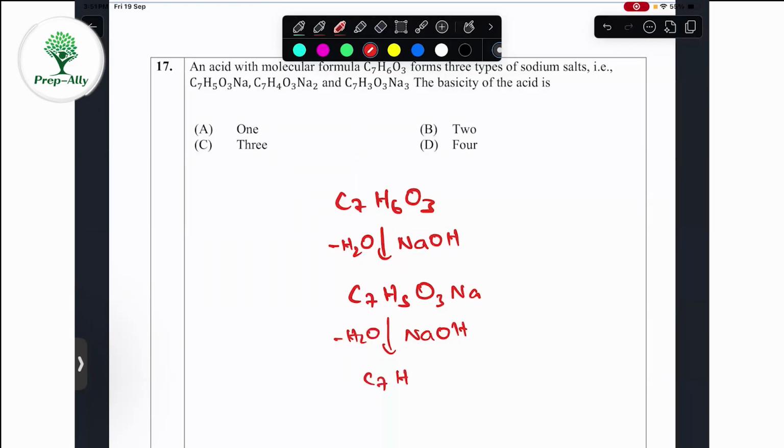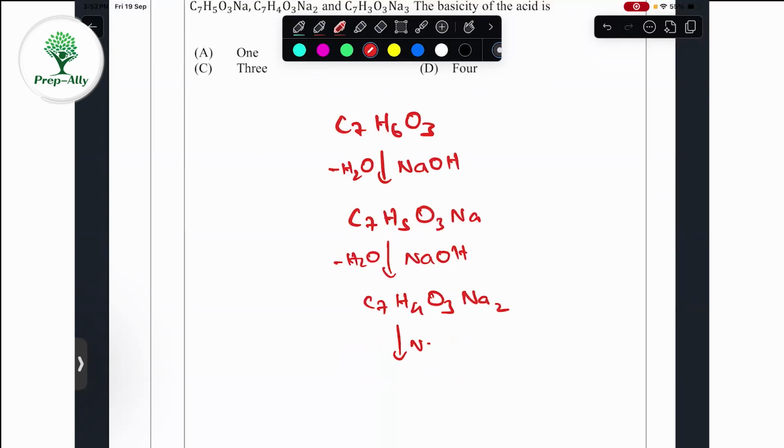It is forming C7H4O3Na2, and again I am using one NaOH and one water molecule, so that it is forming C7H3O3Na3. Now, what does it mean?